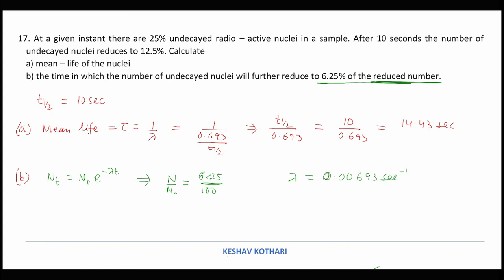If we put this value in this equation, we obtain 6.25 by 100 is equal to e to the power minus 0.0693 into t. So from here I can write e to the power plus 0.0693 into t is equal to 100 by 6.25, that is equal to 16.